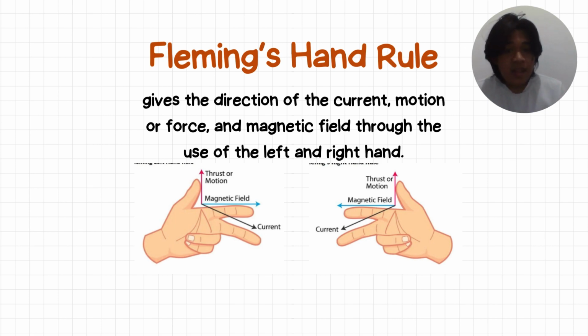Fleming's right hand rule is for the generators, while Fleming's left hand rule is for the motors, where the current differs: in the right hand rule it is the induced current, and in Fleming's left hand rule it is the current, and the torque follows the rotation.